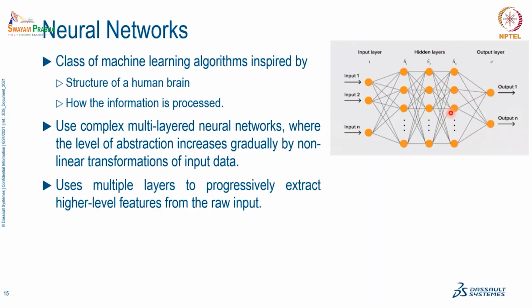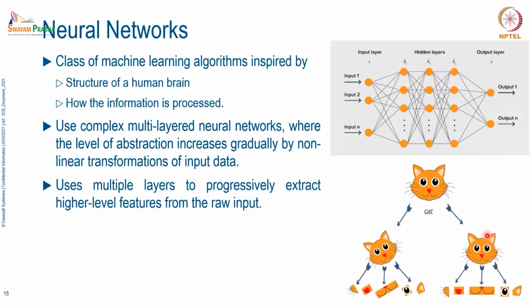Using multiple layers helps us capture different types of features from the input. Everything from a very low level feature to a very high level feature can be extracted using the number of hidden layers. For example, for this cat, our human eyes and brain directly process it and we know that this is a cat.